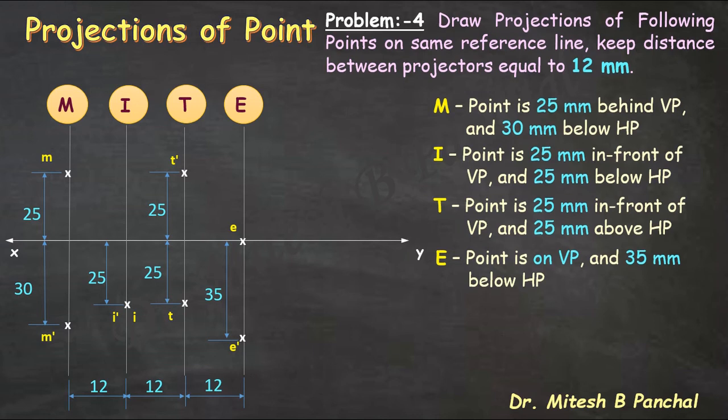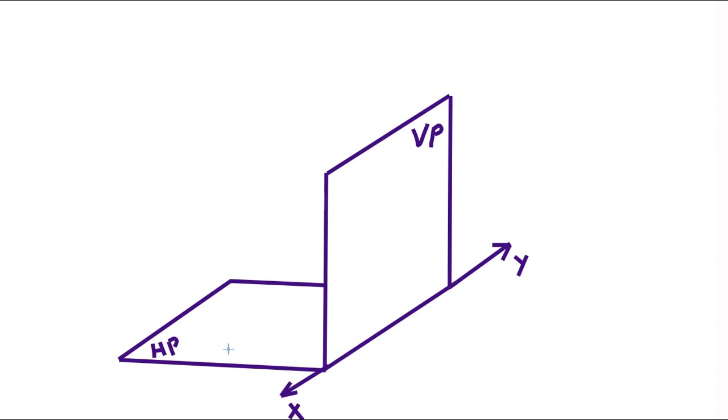Next point is point S, that is on HP and 30 mm behind VP. Let's demonstrate this problem, means position of point S. So to demonstrate this, consider HP and VP. To demonstrate the point S, here second quadrant is considered as the point S is on HP and 30 mm behind VP.